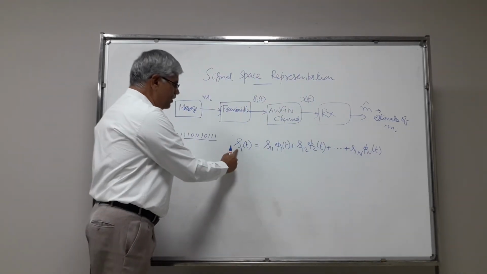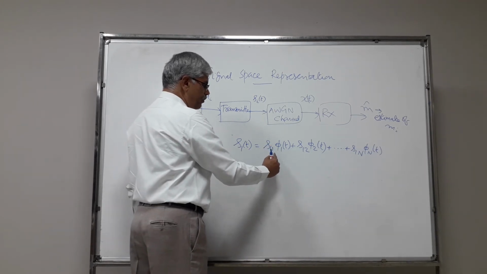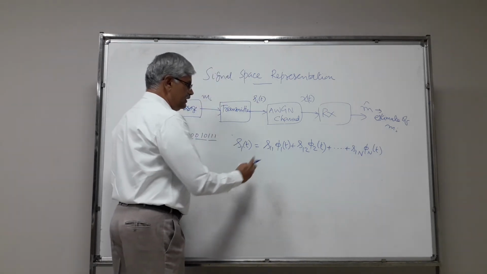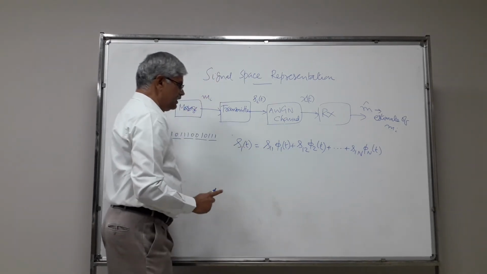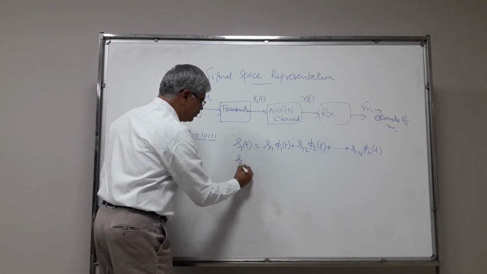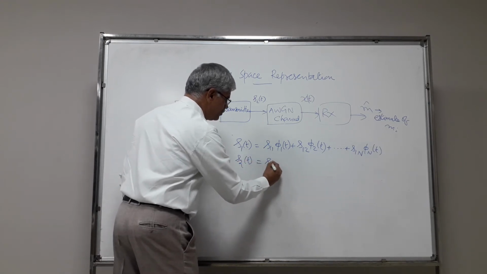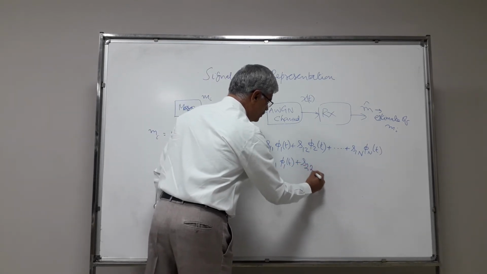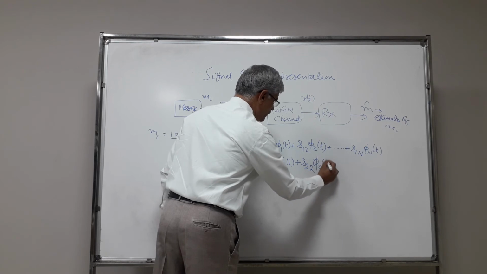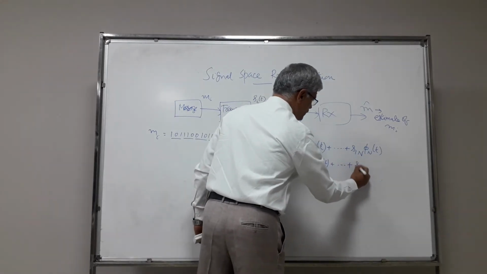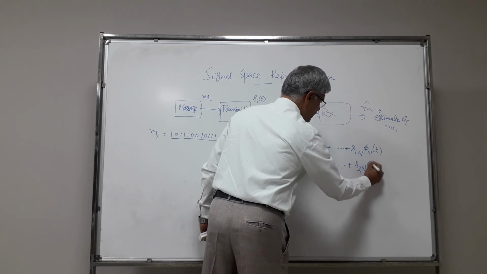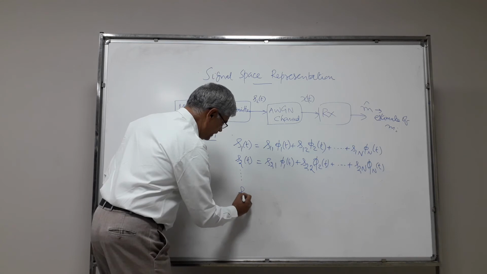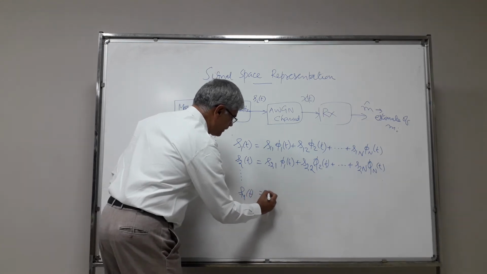So what we are saying is S1 of t is represented as a linear combination of phi 1 of t, phi 2 of t, and phi n of t. These are the coefficients of each one of these. Similarly, S2 of t can be represented like this: S21 phi 1 of t plus S22 phi 2 of t and so on, S2n phi n of t. This way, all the M signals can be represented like this.